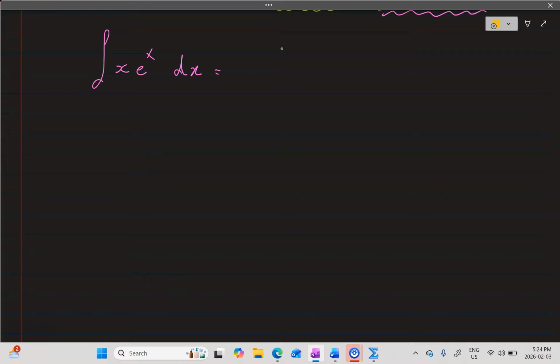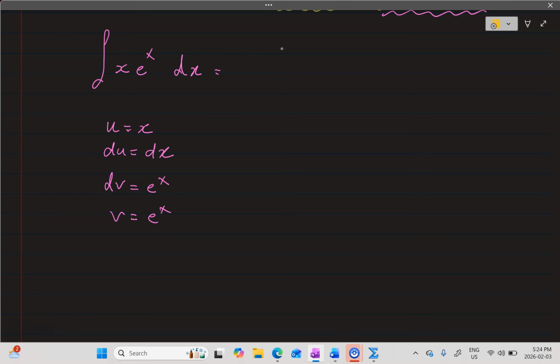All right. Let's do it again. So we're going to do u equal to x again. du is equal to dx. dv is equal to e to the x, and v, the integral of that, is e to the x. So now what do we have? We have uv. So here it is.